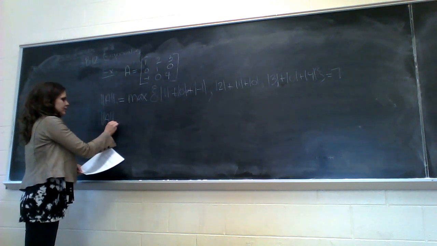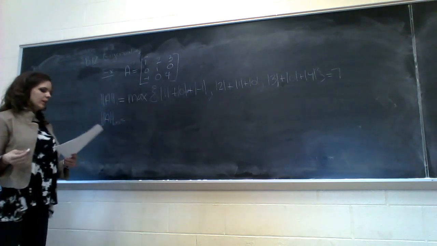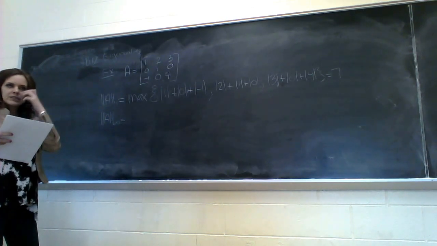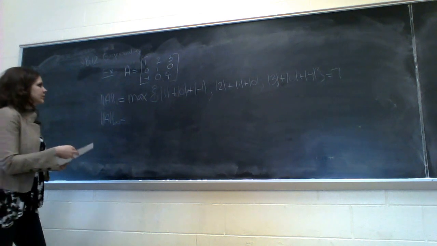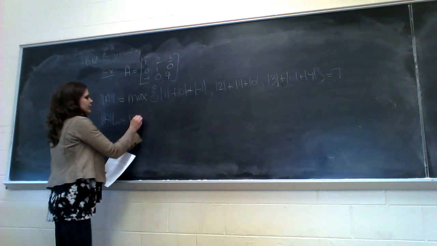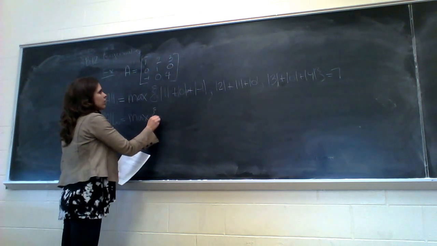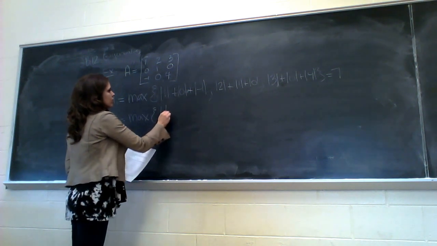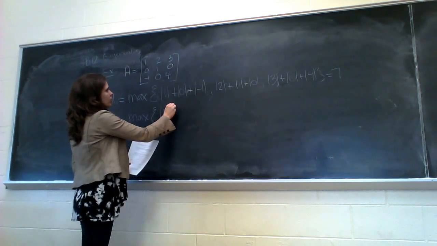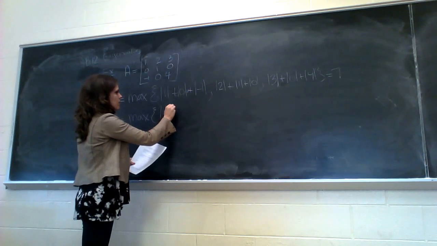Alright, and then the next one that we're going to look at is the infinity norm. And the infinity norm is the maximum row sum, so we're going to look at the sum of each row here. It would be the first row, right? Yes.